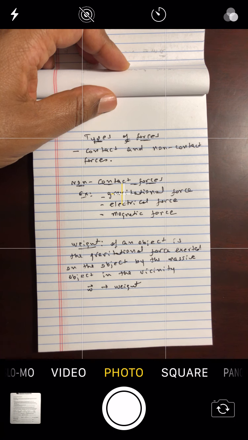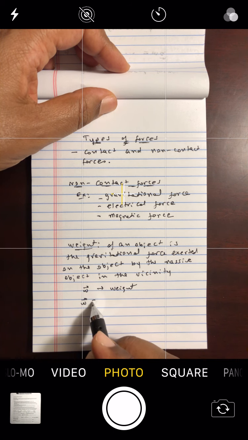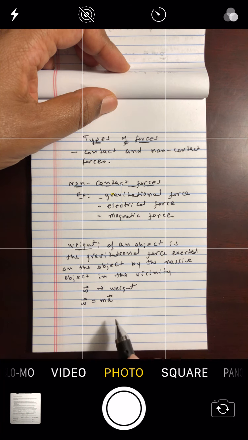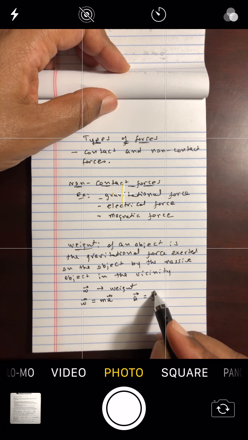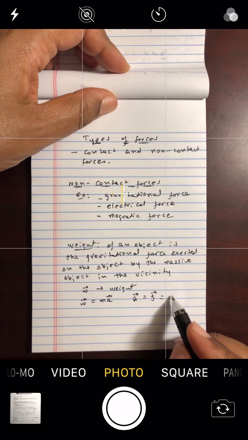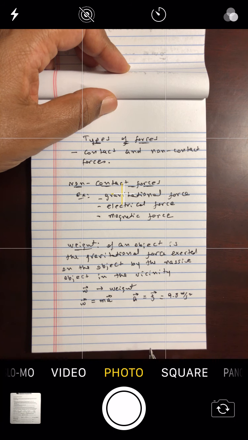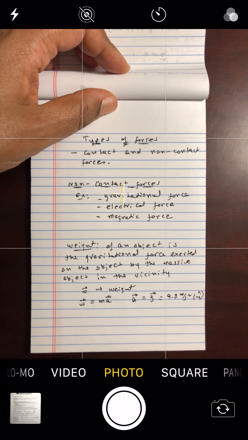Weight is a vector, it is a force. So according to Newton's second law, this should be equal to mass times acceleration. But we know that on the surface of Earth, the value of gravitational acceleration is g, which is 9.8 meters per second squared, and this direction is always towards the center of Earth, so you can say maybe in the negative j direction.